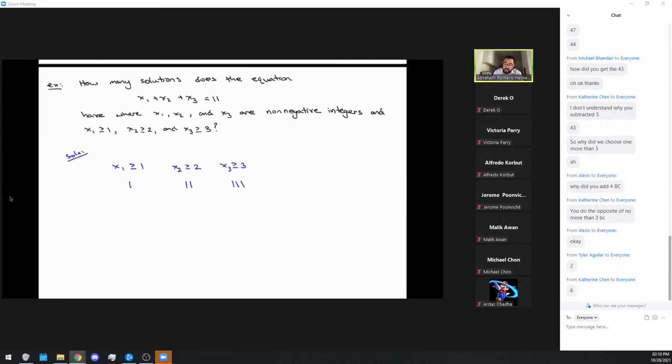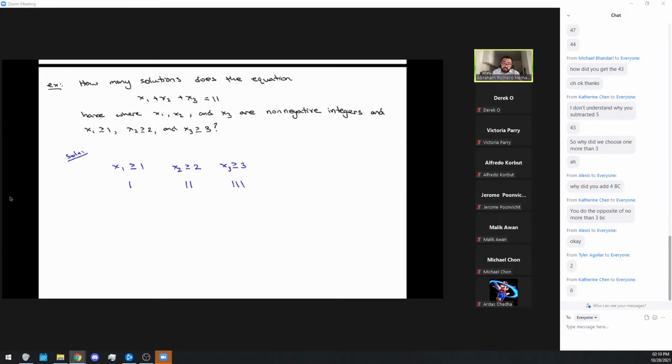So 6 ones have already been selected because those belong in specific x variables. We want this one to be greater than or equal to 1, this one greater than or equal to 2, and this one greater than or equal to 3. So all of these have already been selected, which are 6 ones.